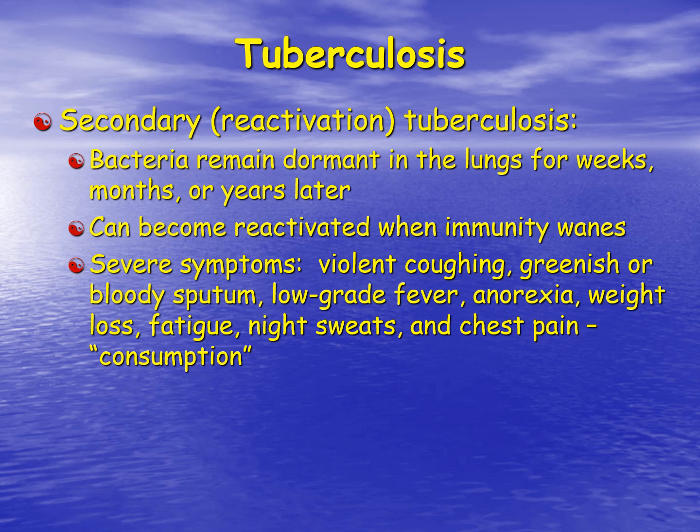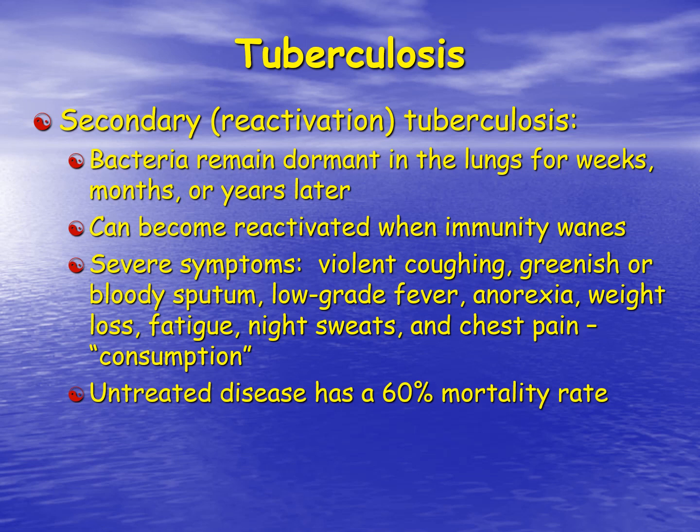In the older term, reactivation tuberculosis was often referred to as consumption. On a lot of death certificates from even the 1800s into the early 1900s, the cause of death was simply listed as consumption. Untreated reactivated tuberculosis has a 60% mortality rate.